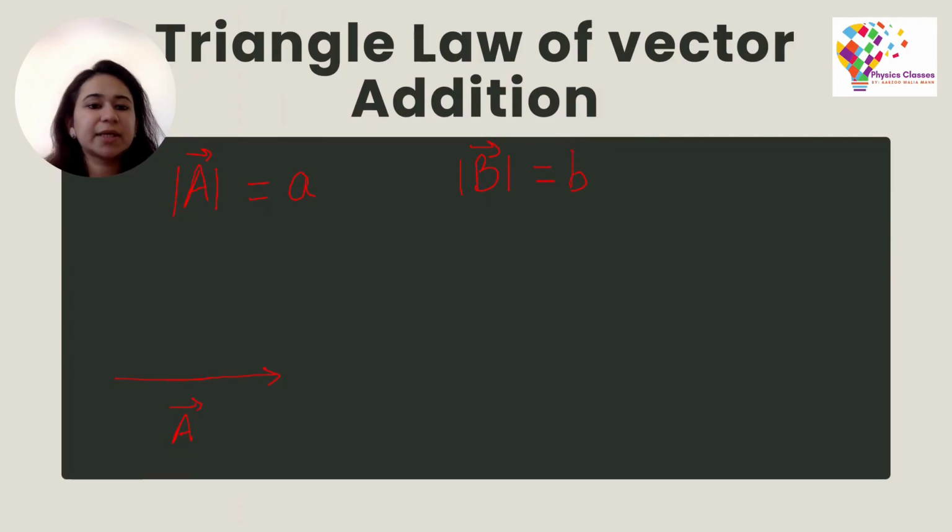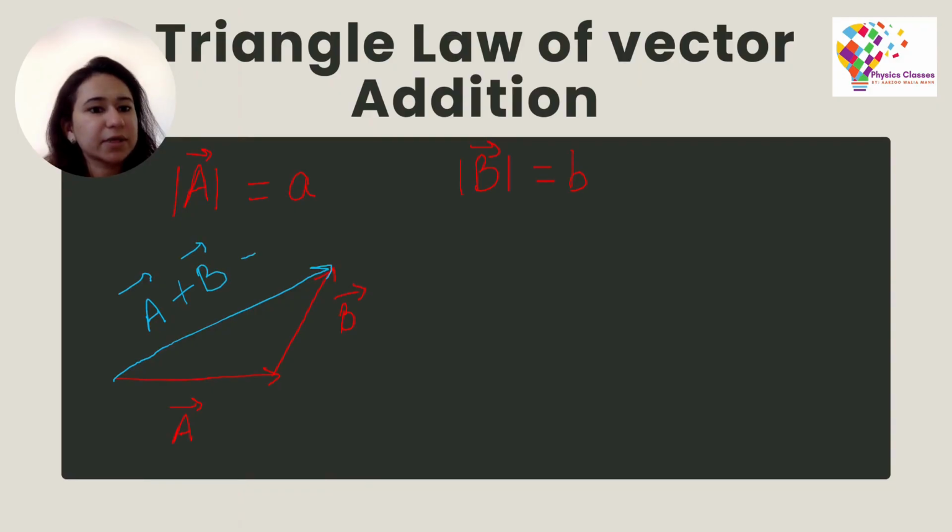Then the third side of this triangle will give me the resultant vector, but it has to be taken in opposite order. Opposite order means that I have to join the tail to the tail and the head to the head. So this is vector A, this is vector B, and this one gives you the resultant vector A plus B, which generally we represent as vector R. It's very easy to understand provided you look at it carefully.